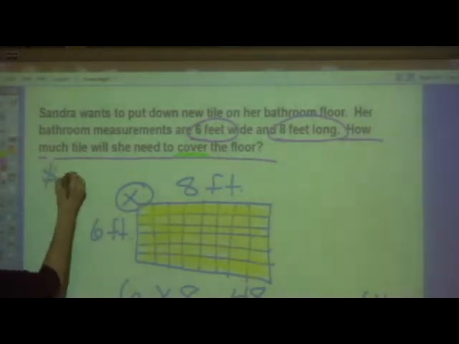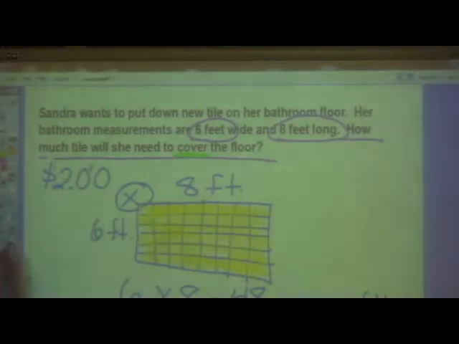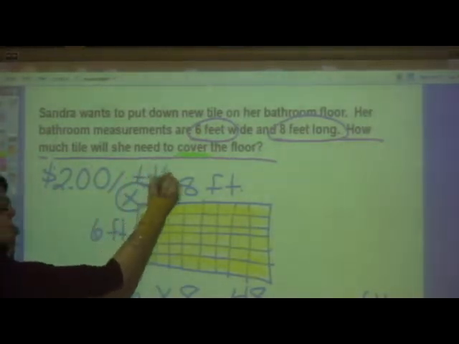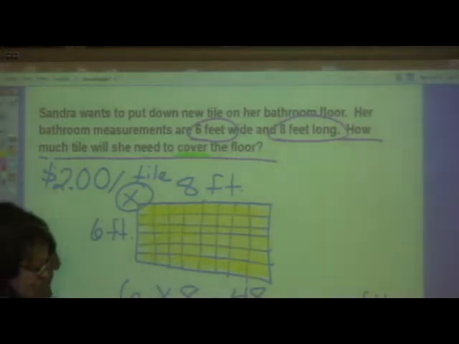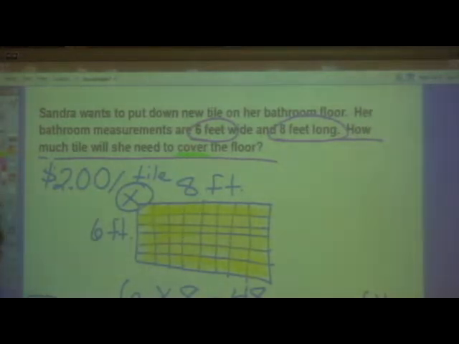So if we went back and added that as a part of the question, so $2 per tile, what is the total cost going to be? 96. That would be an extension on this lesson, which ties back into our multiplication we've been working on. So if we had 48 tiles, $2 a tile. 96. Okay, so we do the multiplication.